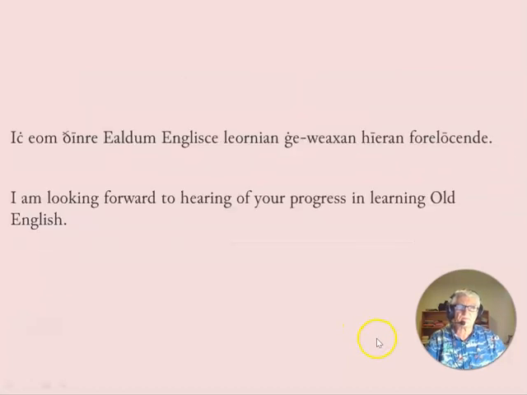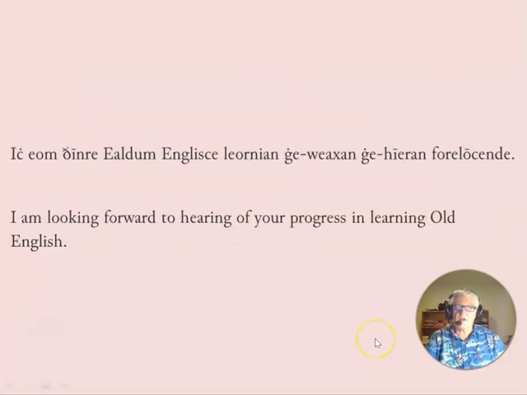All right. And of course, I end up jumping through too many screens at once, so I'll fix that now. Okay, so our first one: ich thinare eldum Englische lernen je werksen je hieren farelokende. So what that's saying is I, the subject, am, the verb in second place, as all Germanic languages have.